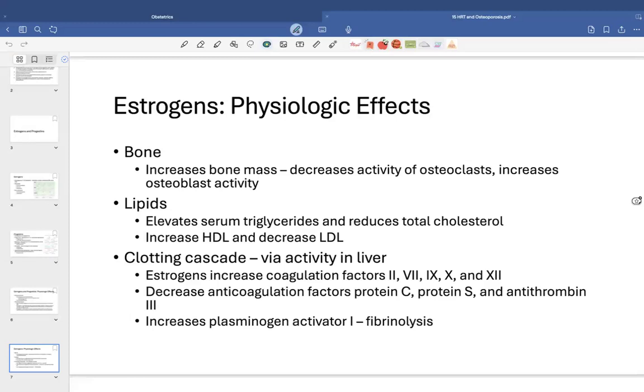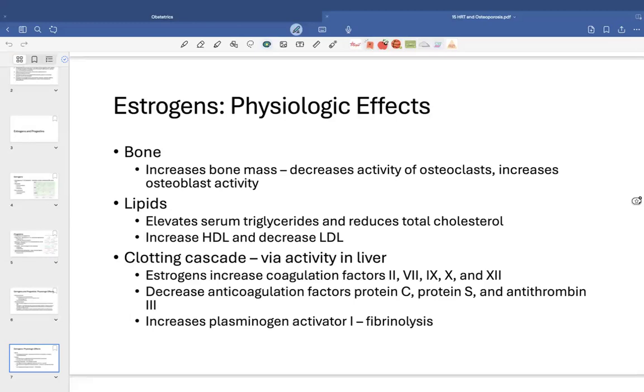Now, on the clotting, we touched on this last week with some of the thromboembolic risks of contraceptives. And really, this is because estrogens work in the liver to increase coagulation factors, specifically 2, 7, 9, 10, and 12.